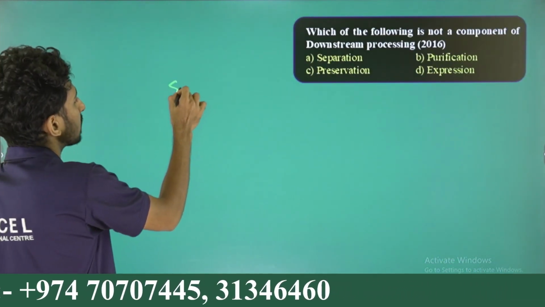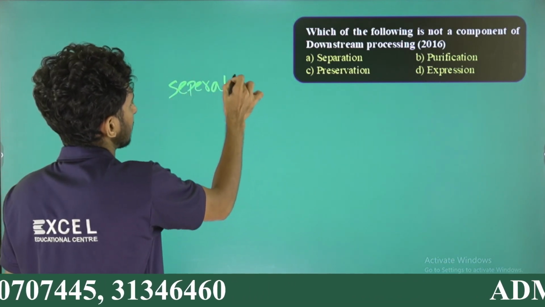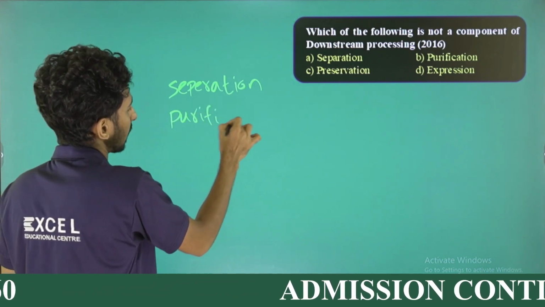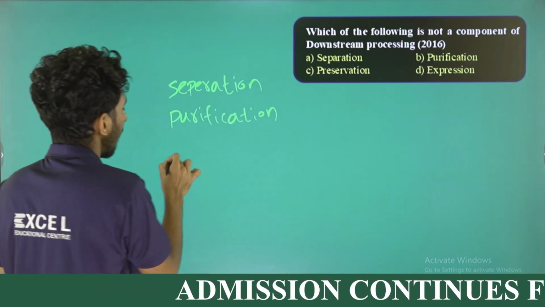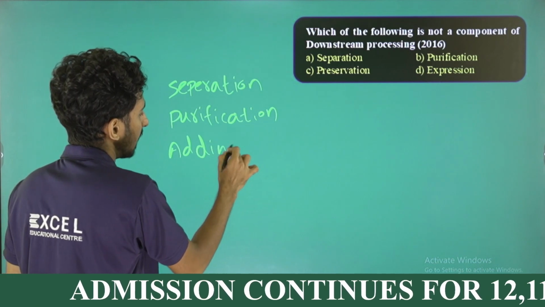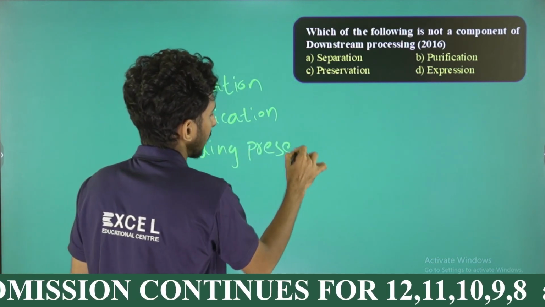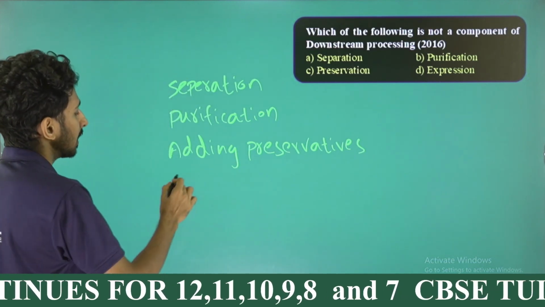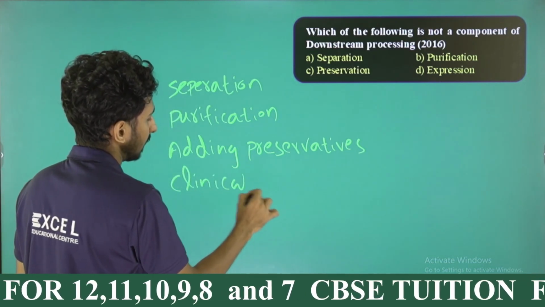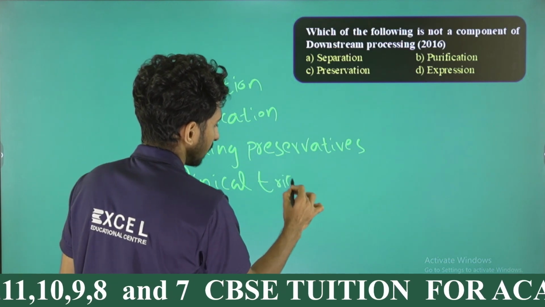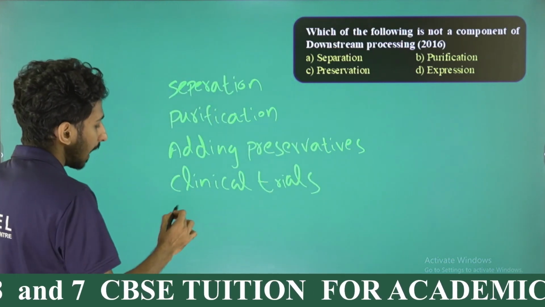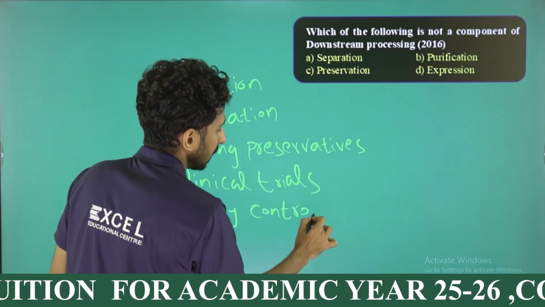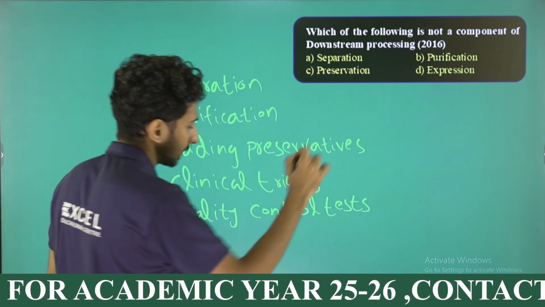First, we have to do separation of the recombinant protein, purification of the recombinant protein, adding preservatives to the product, clinical trials of that product, and quality control tests.